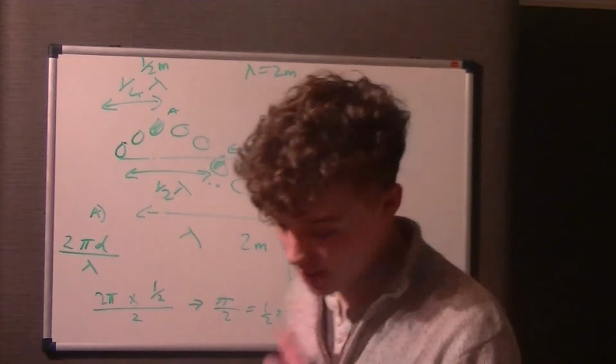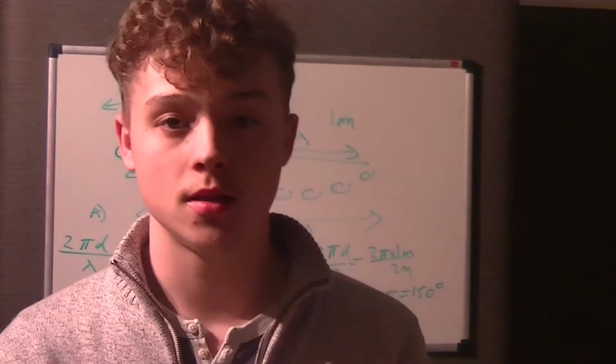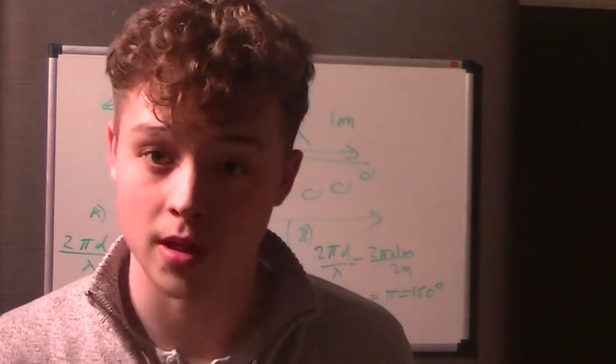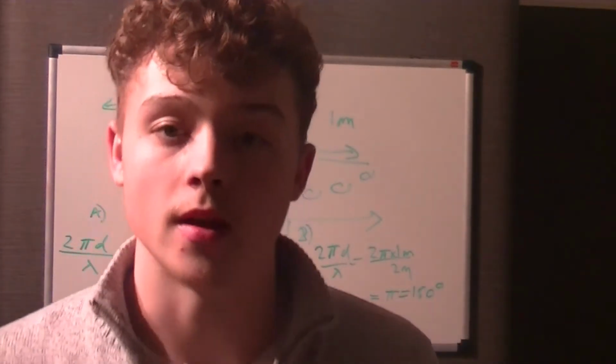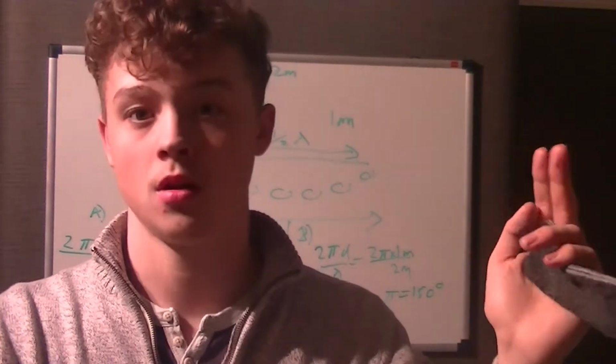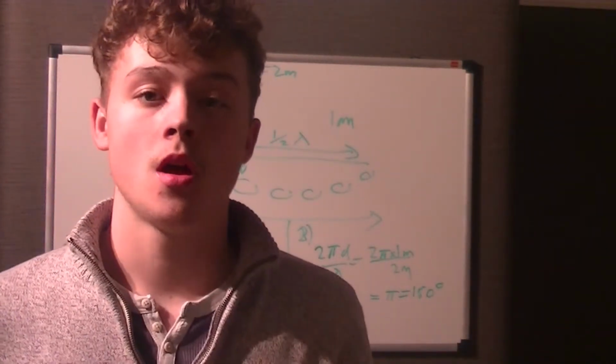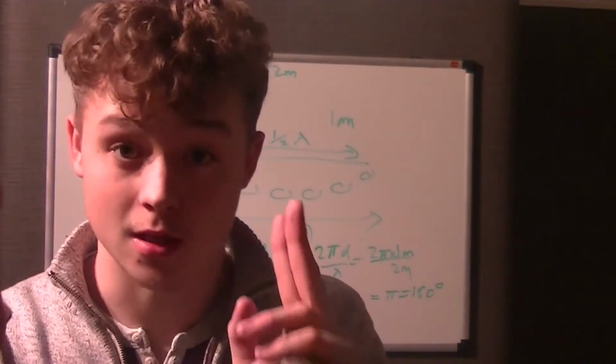Now the reason why I picked quite simple things is to show you how clearly you can know if you're right or wrong. If one wavelength is a full turn, if you like to think of it like that, then if one particle's at the front and one's at the end, it's going to be 360 degrees out of phase.